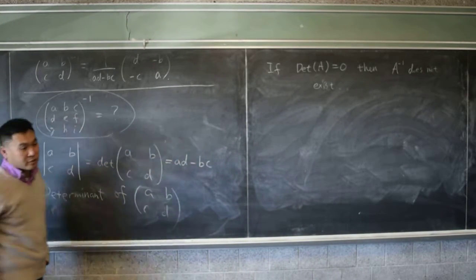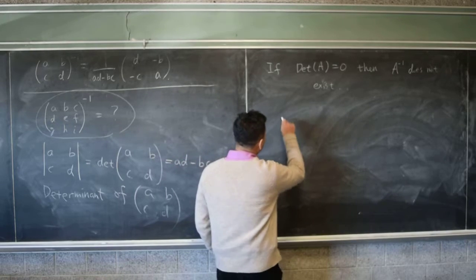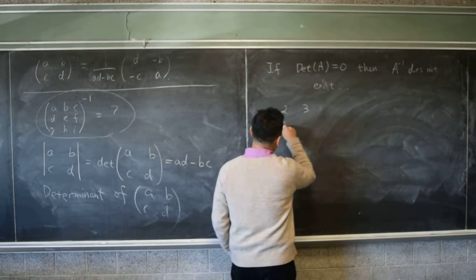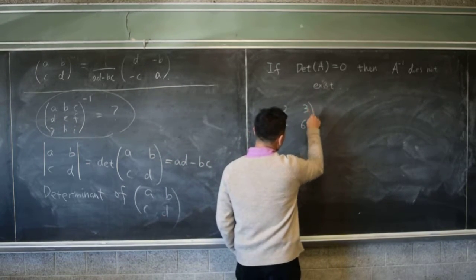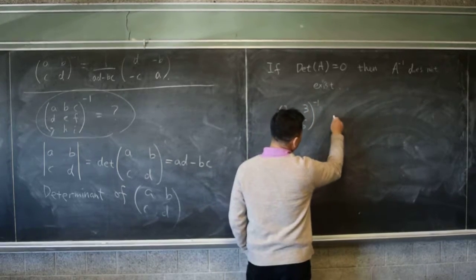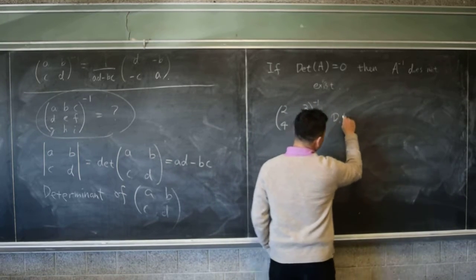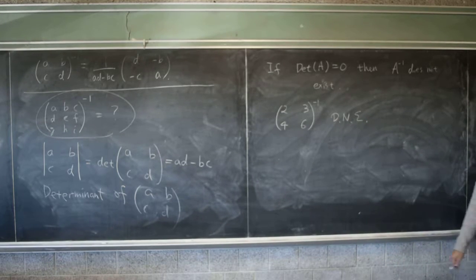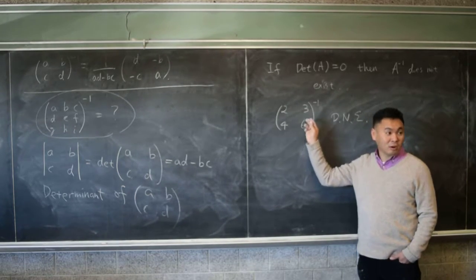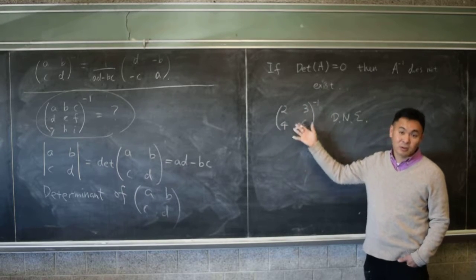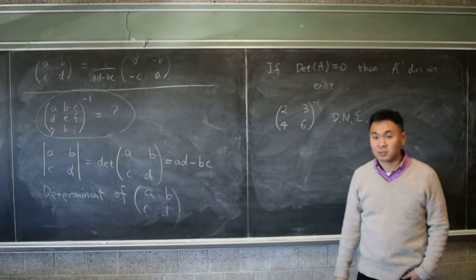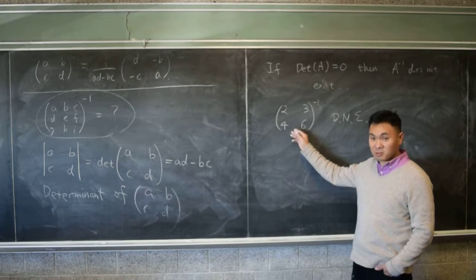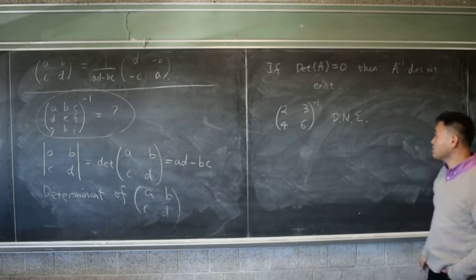Okay, so as an example, the inverse of 2, 3, 4, 6 does not exist. Because you can see that 2 times 6 is 12, 3 times 4 is 12, and 12 minus 12 is 0. The determinant of this is 0, therefore the inverse does not exist.